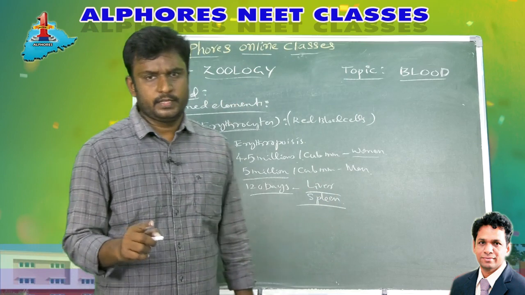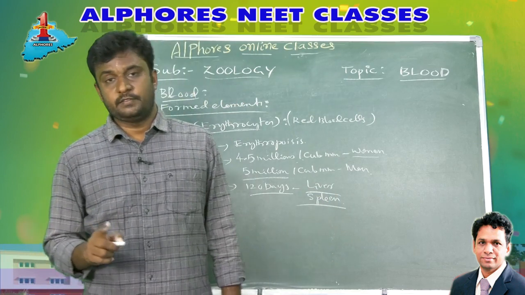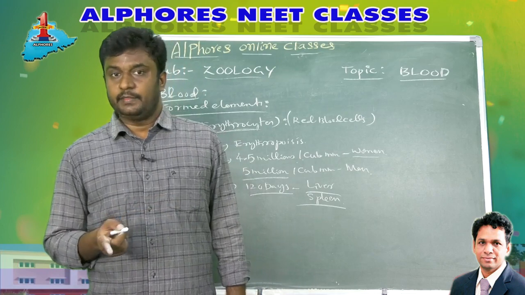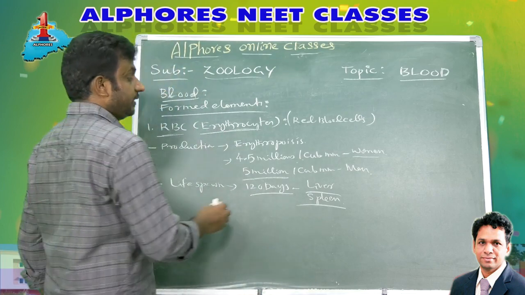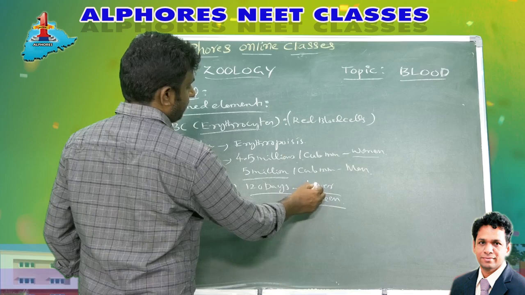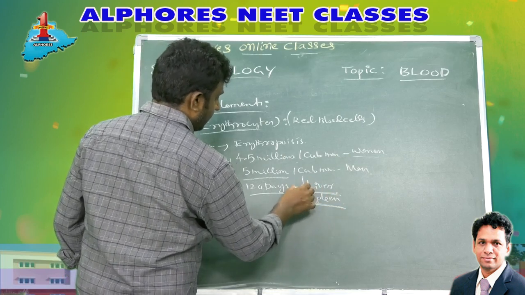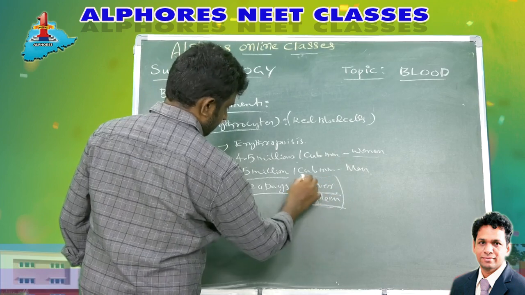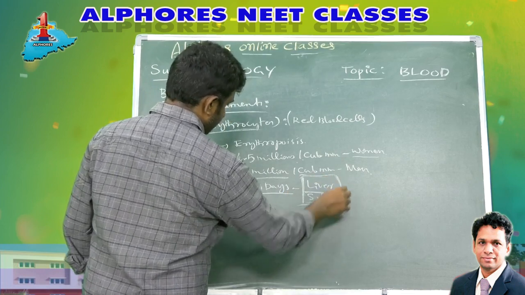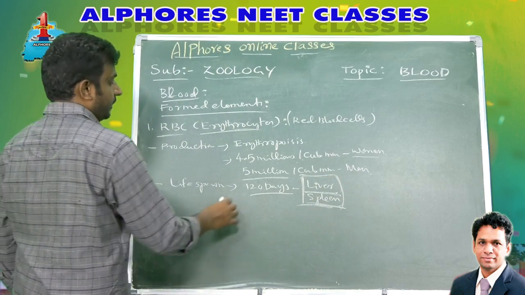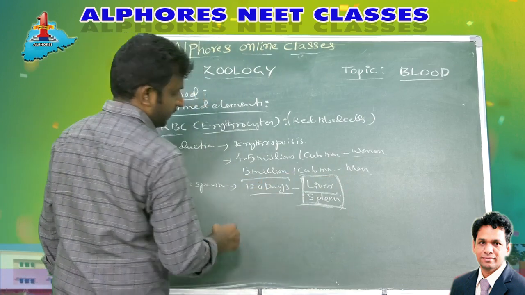The liver and spleen play an important role in the production of RBC in embryos, while in adults they are involved in the destruction of RBCs. So the burial ground of RBCs is the liver and spleen.